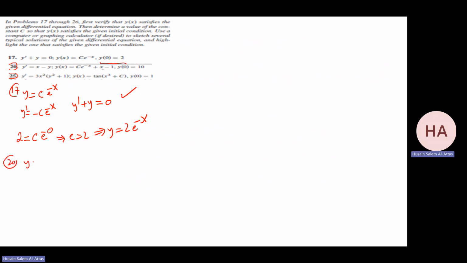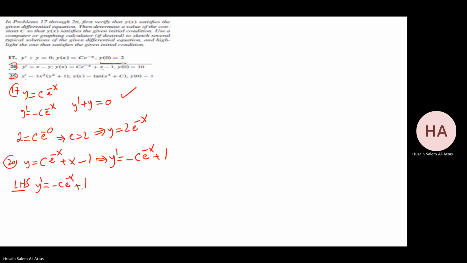20. Verify the solution. I know we did a lot of examples, but for completeness, I will do it again. For 1, check now y prime, the left-hand side, which is y prime. And the right-hand side is what? x minus y.